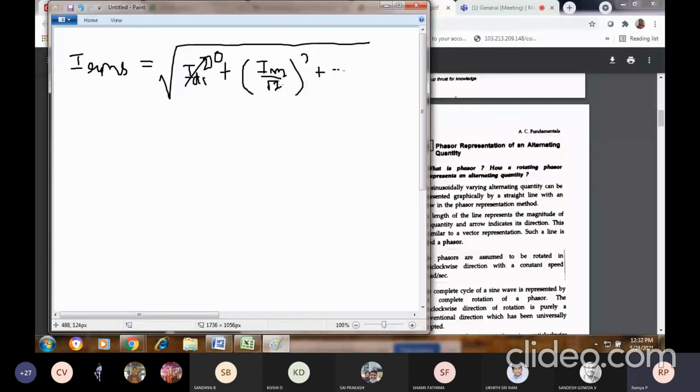What is that IM? The instantaneous equation is given as 10 sine omega t.